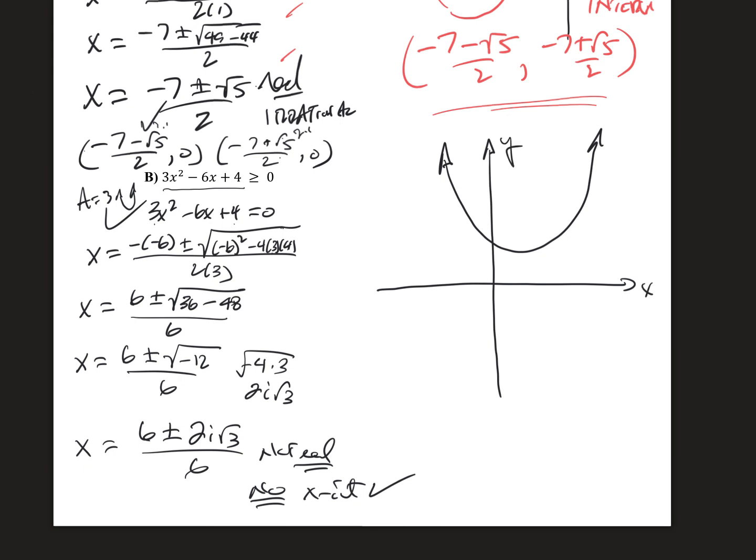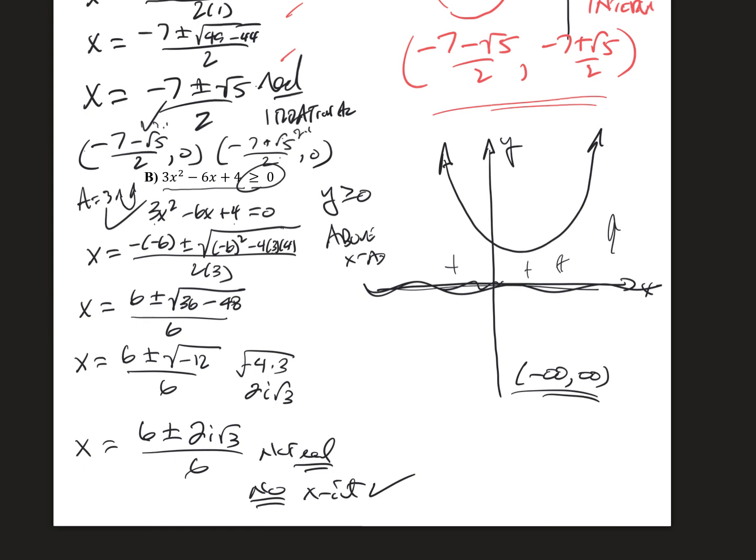We want y to be greater than or equal to 0, so we want to know when we're above the x-axis. And that is for all values of x. So in this case, everybody's a solution, and the solution is from negative infinity to infinity. And that is the end of that story.